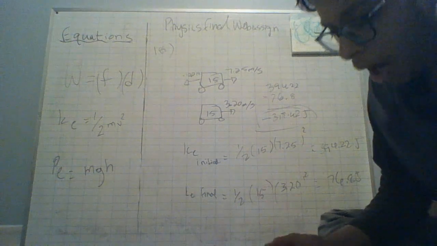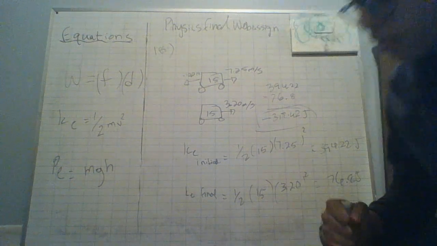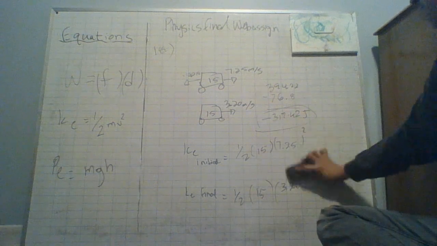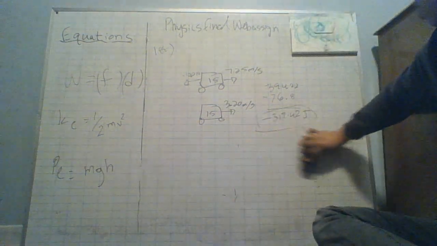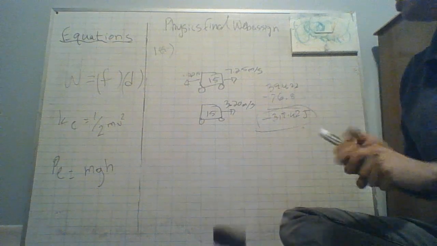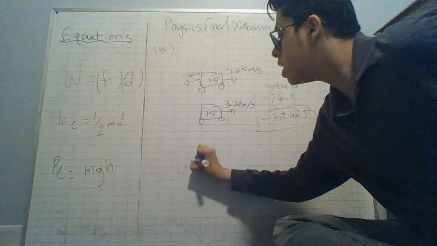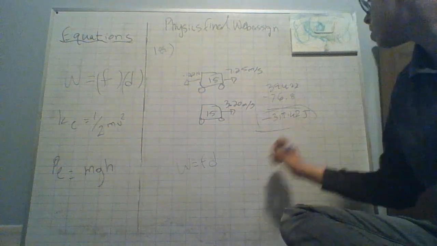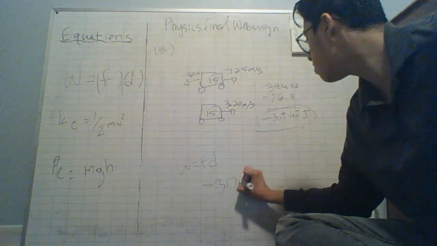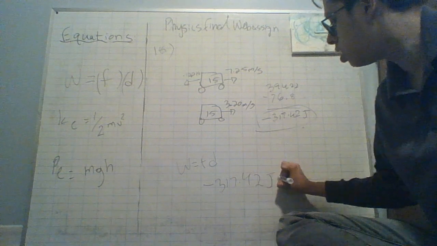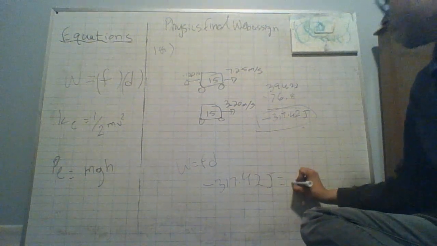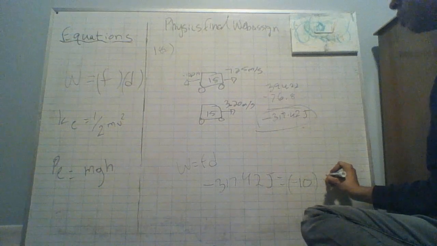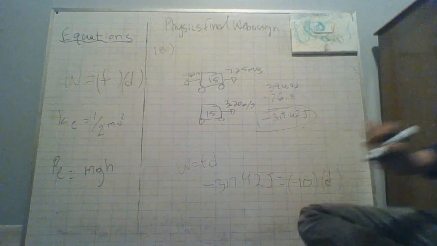For part C, how far did the cart move while the force acted? We're going to plug that into the equation. I'm going to delete all this. Work is equal to force times distance. The work is negative 317.42 joules, equal to force, negative 10, times distance, and we don't know what that is.